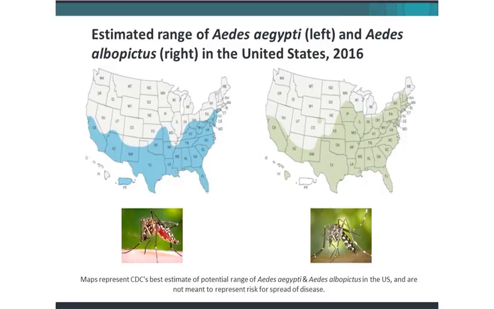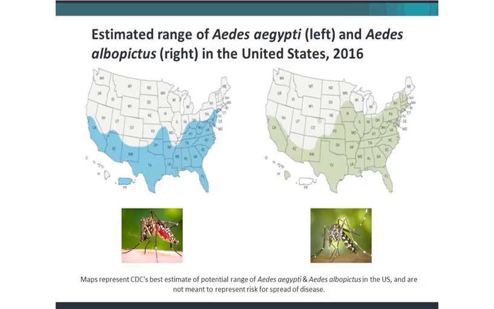This slide shows the current estimated geographic distribution of the two important vectors. Actually, I should say Aedes aegypti is the most important vector for Zika virus, especially in the United States. We've not seen any transmission by Aedes albopictus.